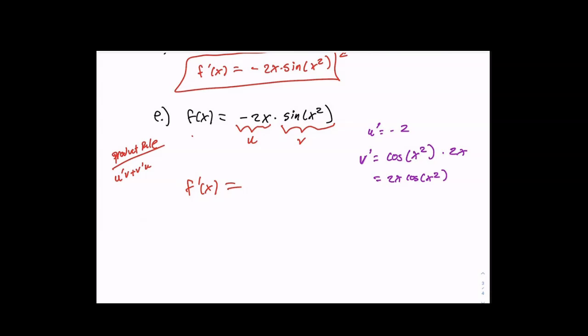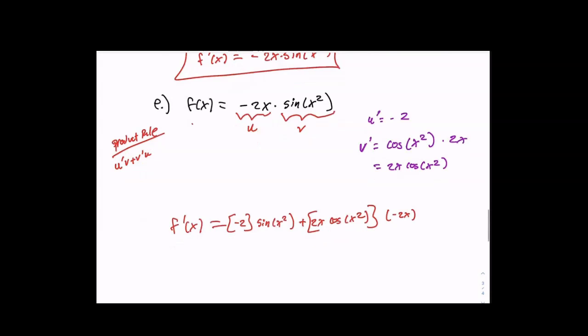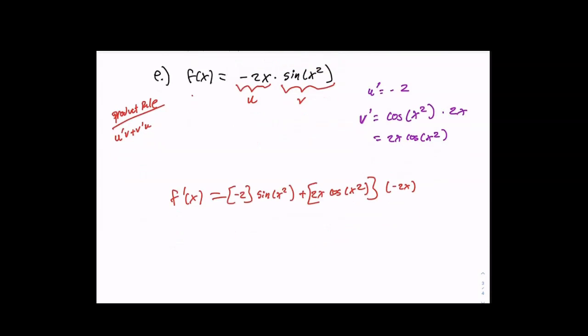The negative 2x, parentheses, sine of x squared, plus 2x cosine of x squared, negative 2x. There we go. U prime v plus v prime u. Now, of course, you want to clean that up, but that is the answer.